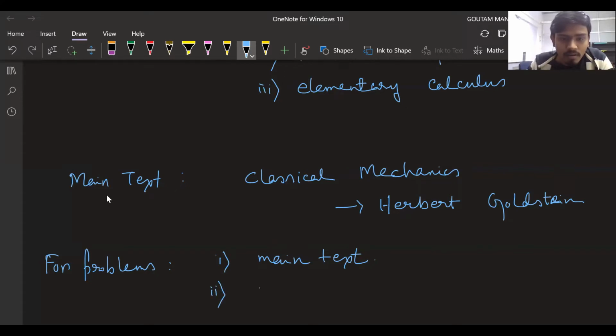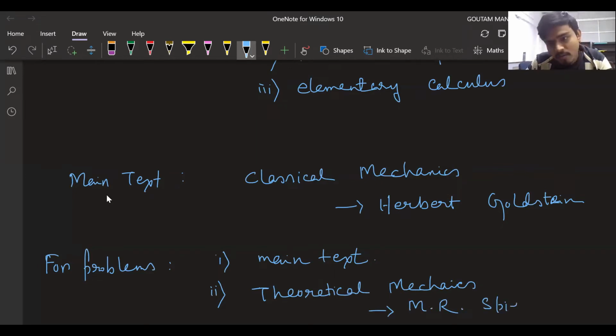And Theoretical Mechanics by M.R. Spiegel.